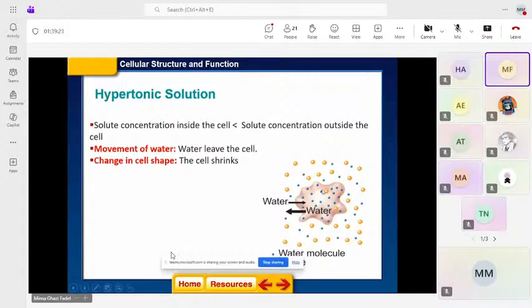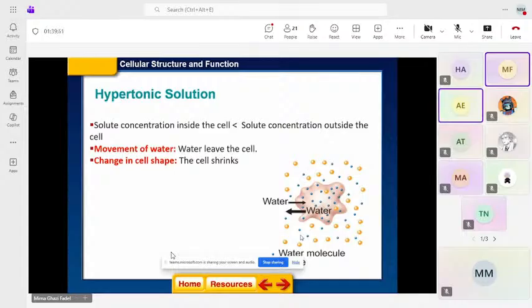To guess the type of solution, we have to look inside the cell and in the solution itself. In the solution, we see a lot of yellow circles, more than inside the cell. So that means the solution here has a lot of solute. It's concentrated. Can we call it in this case iso, hypo, or hyper?